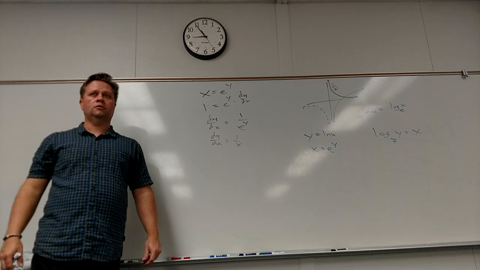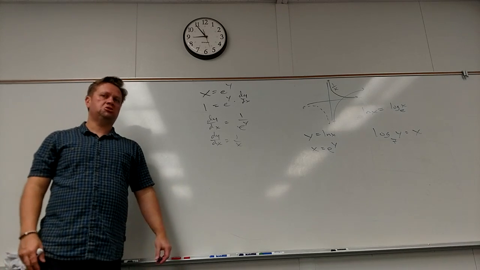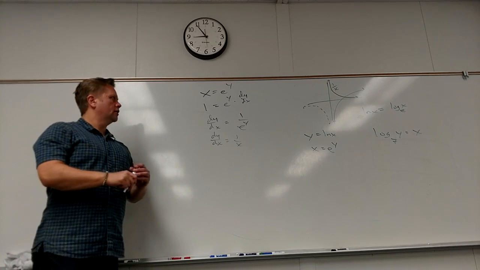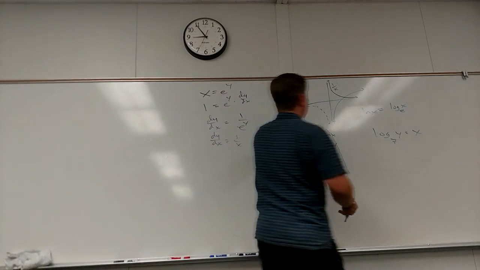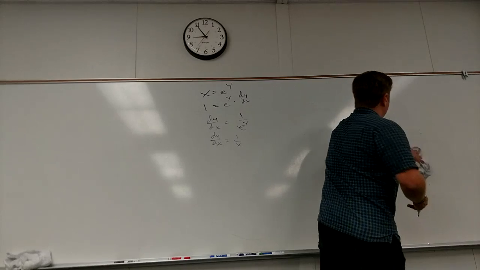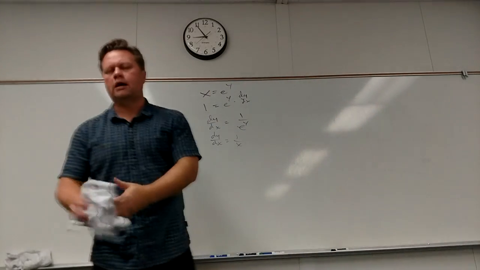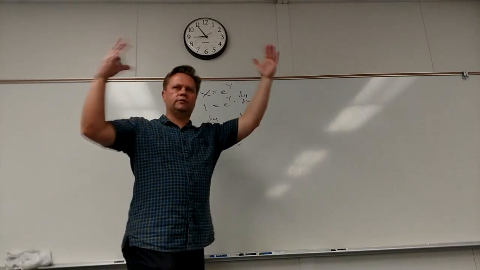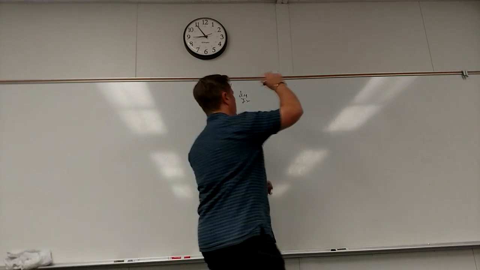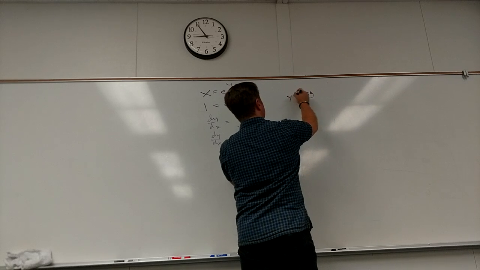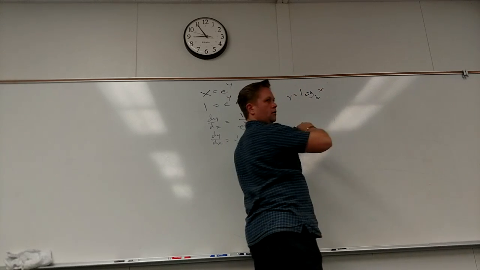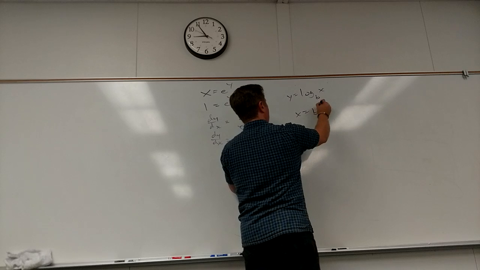Okay, so, for example, the reason they put this in its own section is because all the log properties come back. So you've got all these different properties. Just to show you, if I would have done all this with this instead, this would have been x equals b to the y.